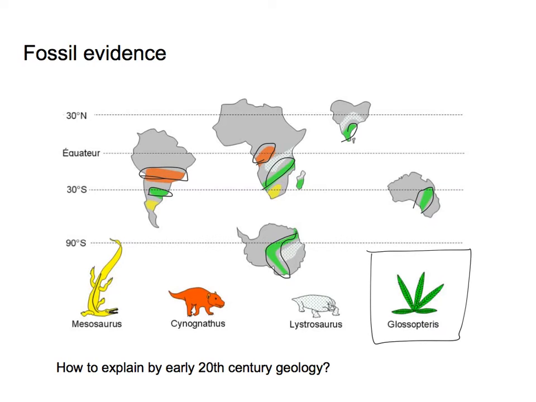So I'm going to shut off the recording for a little bit, give you time to get into some groups of 2, 3, 4, whatever works out, and come up with what are the different explanations you might propose if you are trying to apply the lens, the perspective of an early 20th century geologist.